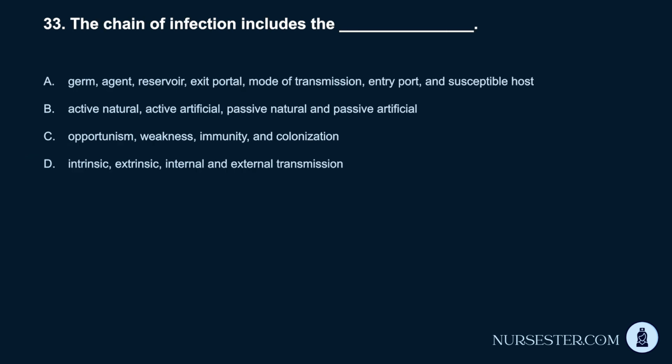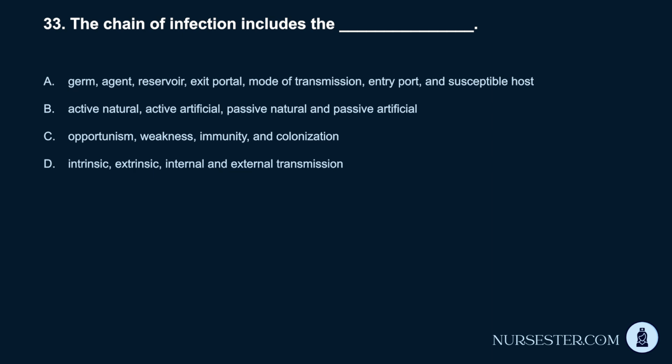33. The chain of infection includes the: A. Germ, agent, reservoir, exit portal, mode of transmission, entry port, and susceptible host. B. Active natural, active artificial, passive natural and passive artificial. C. Opportunism, weakness, immunity, and colonization.